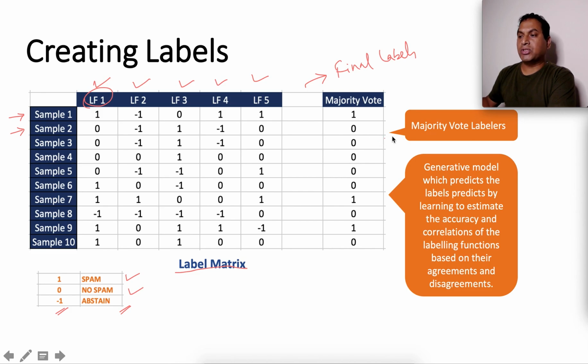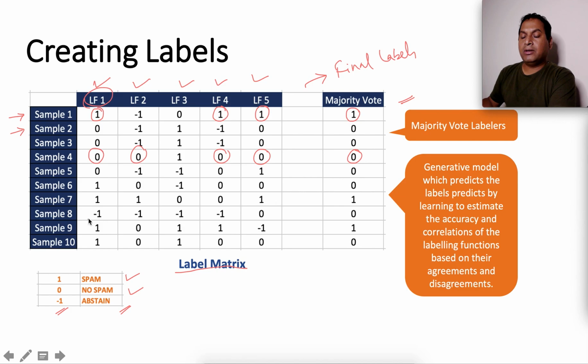So there are two approaches. One is we take a majority vote of labeling functions. So let's say in this sample, we have three labeling functions which are saying it's a spam, so we'll label it as a spam message. And here the majority of them are saying it's not a spam, so we will label it as a not spam message.